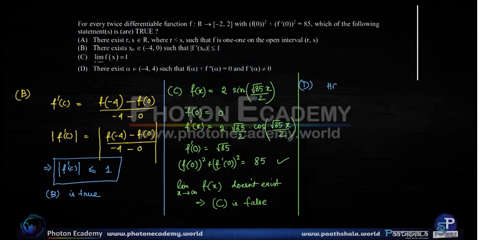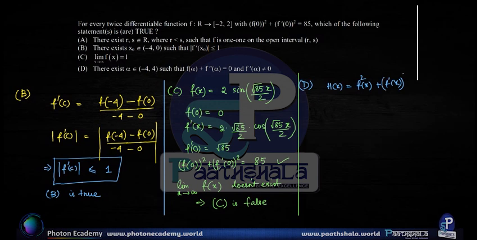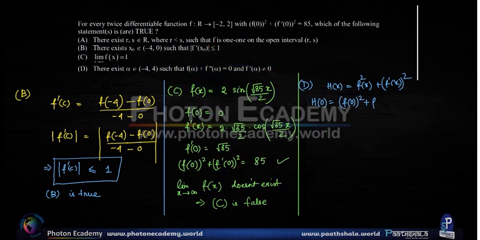We define a function h of x which is equal to f of x square plus f dash x square. Then we know that according to the question, h of 0 is equal to f of 0 square plus f dash 0 square, which is equal to 85.